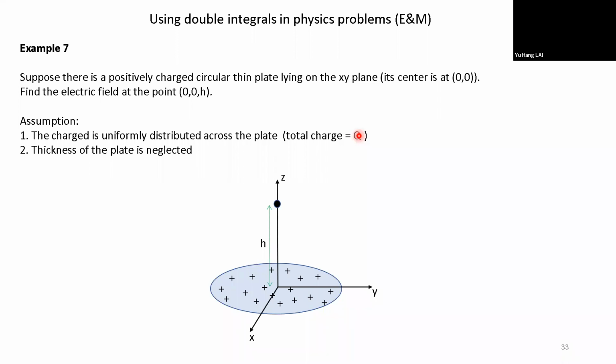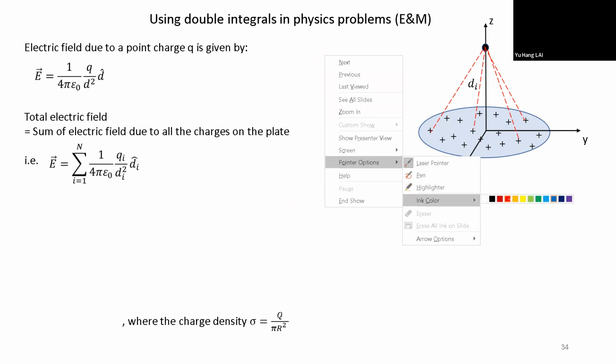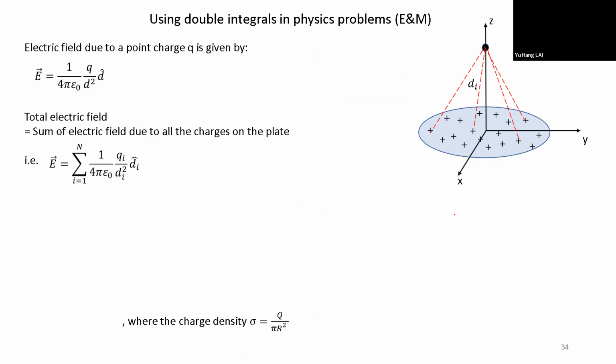So how do I find the electric field at this point? I assume that you have learned Coulomb's law, at least for one point charge. If you are just considering two point charges repelling each other, that would be easy.